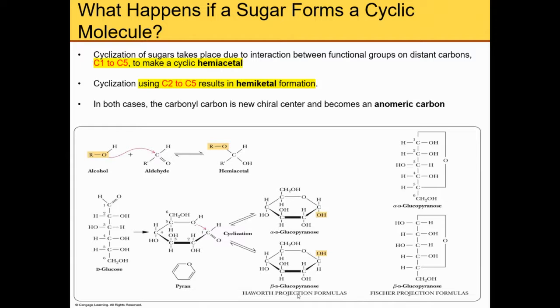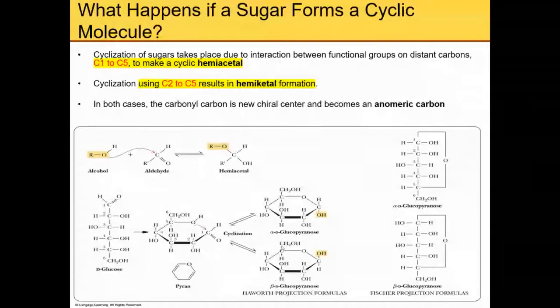And then for this Haworth projection, this hydroxy group can be in the trans side with the CH2OH or the cis side. If it's cis, then that'll be the beta. If it's trans, this one and this one is trans, that's alpha, all right?